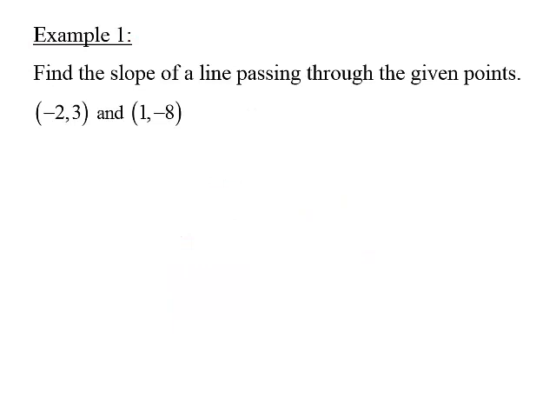In example 1, we want to find the slope of a line passing through the given points -2, 3, and 1, -8. We label these points as x sub 1, y sub 1, and x sub 2, y sub 2. So our slope is y sub 2 minus y sub 1 divided by x sub 2 minus x sub 1.